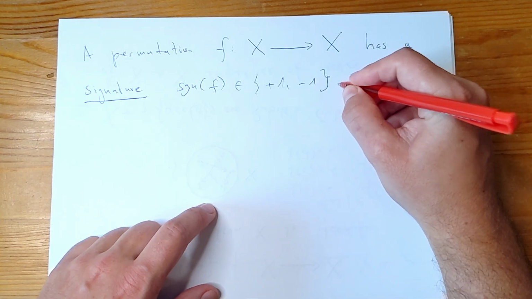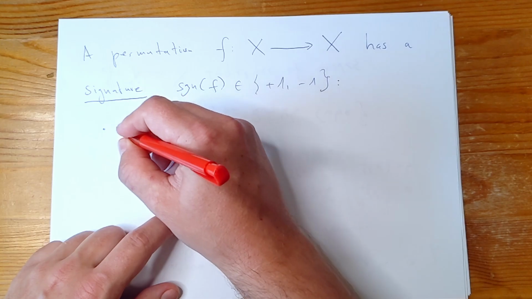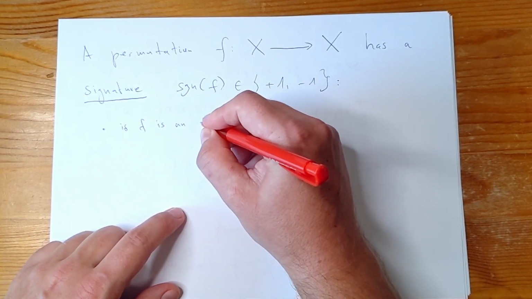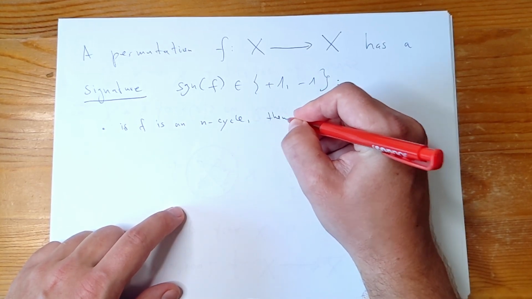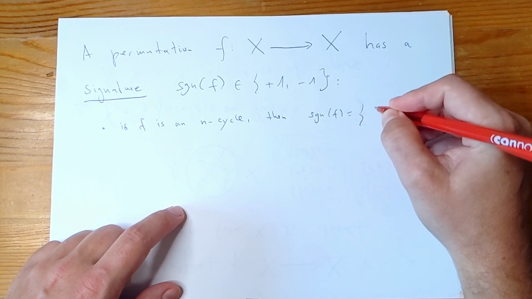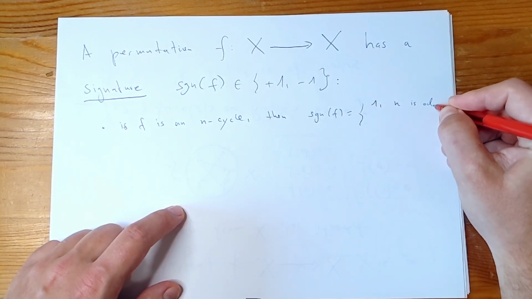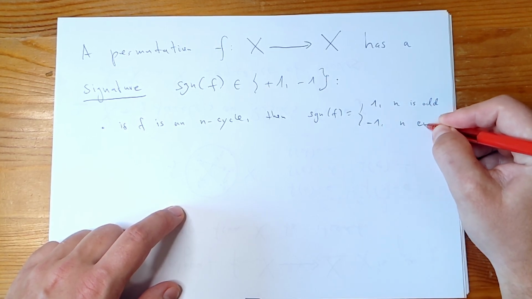And this has very special properties, namely, first of all, if f is an n-cycle, then the signature of f is 1 if n is odd, and -1 when n is even.